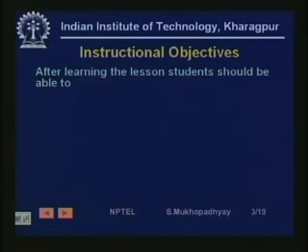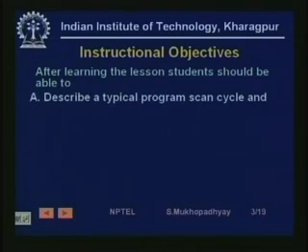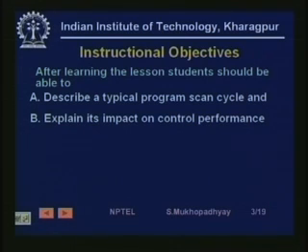As usual we view the instructional objectives first. After today's lesson, one should be able to describe a typical program scan cycle, that is, describe what takes place, how the program works cyclically, and explain the impact of this kind of execution on the control performance, typically on the fastness of response, that is, how fast the programmable logic controller responds to changes in inputs with changes in output.